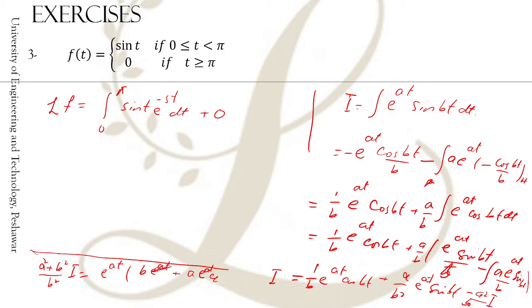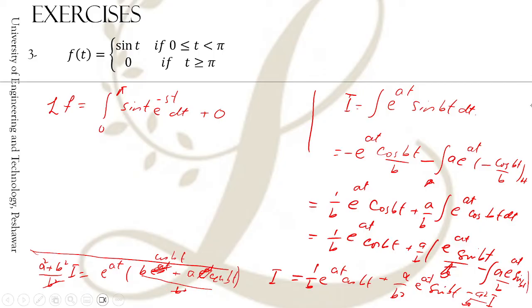So this is cos bt, and this is a sin bt. But if you divide by b square, the LCM is b square, so you can cancel these together.